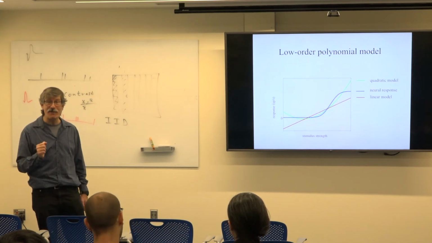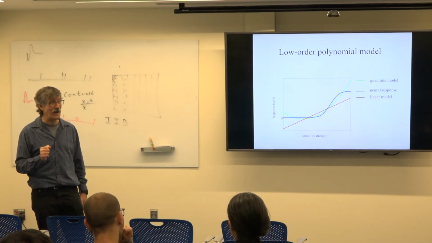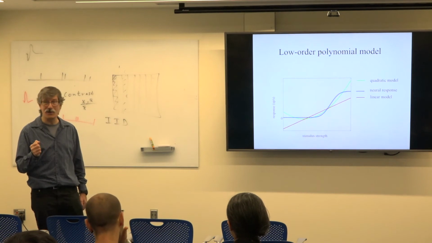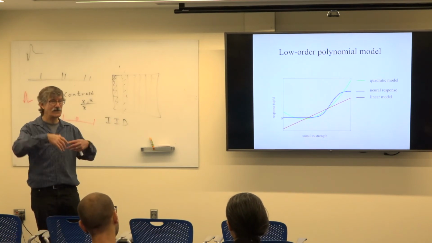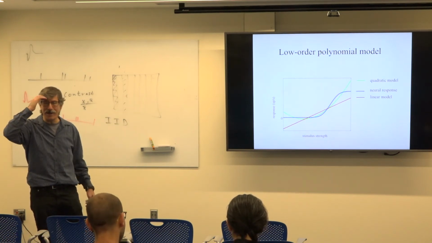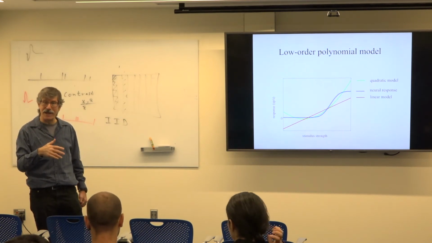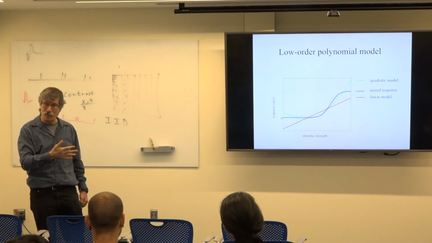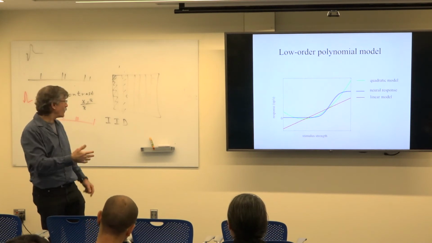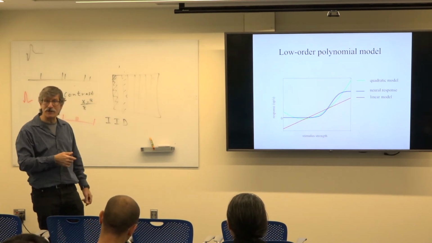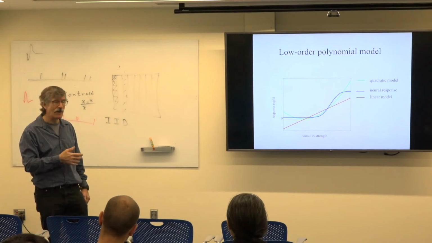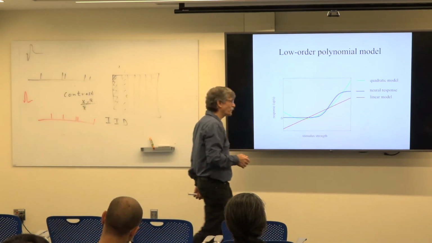It's as bad as the covariance matrix, and that's only for a quadratic. As soon as you get to cubic or quartic, the number of parameters just explodes. So the curse of dimensionality hits you again if you want to fit polynomials to data where the input parameter space is big, where the input parameter space is 8 pixels times 6 time steps. So that's not going to work for you.